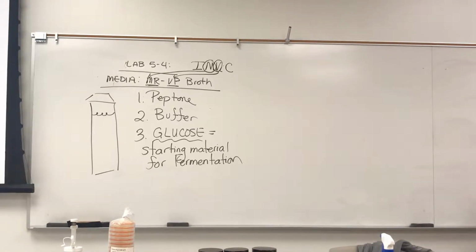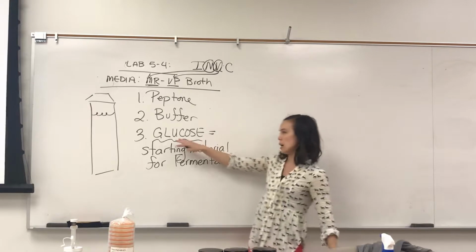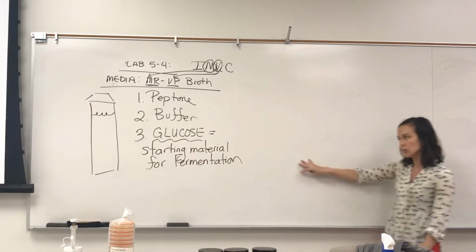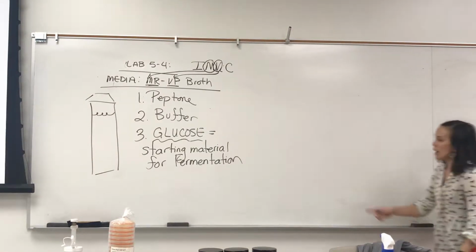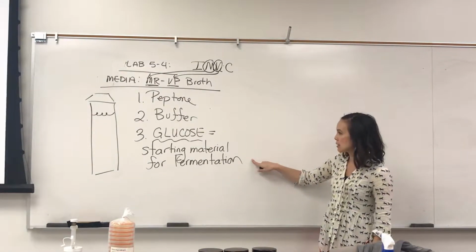So it's a little bit redundant because you've already done a glucose fermentation lab. So the only part that's kind of new again is the alcohol. All right, so we have that.